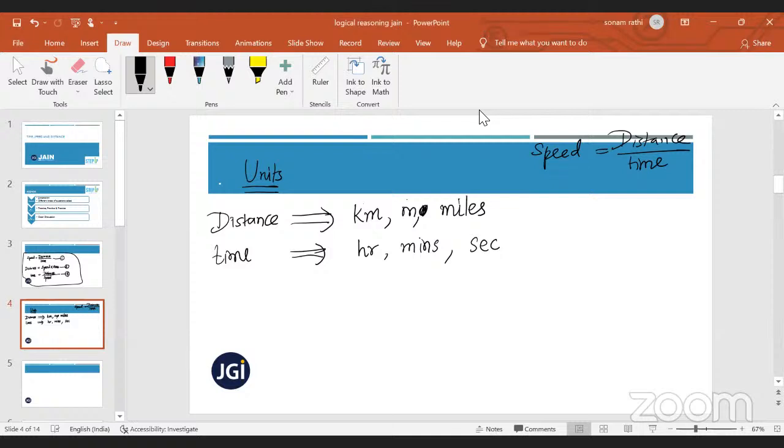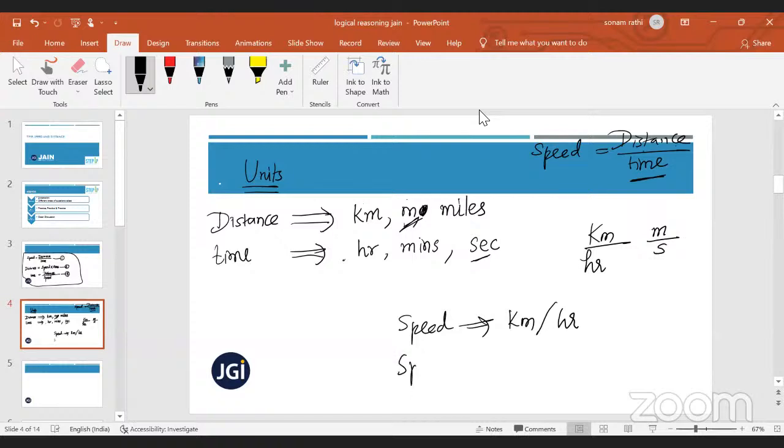If the distance is in kilometer and time is in hour, speed unit is kilometer per hour. If the distance is in meter and time is in seconds, your speed is in meter per second. Note this down.